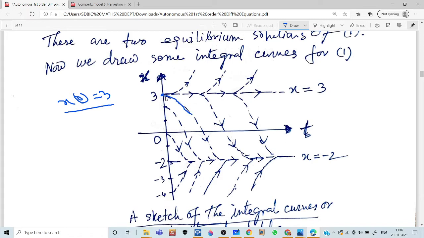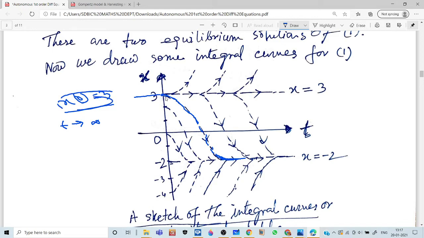When t increases, t tends to infinity, x goes in this direction. You get a particular curve with this initial condition.